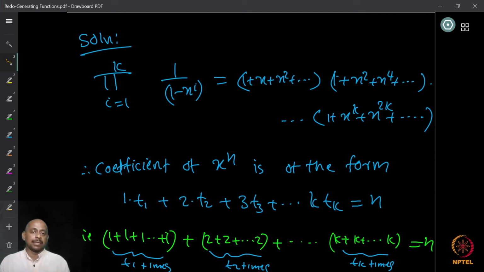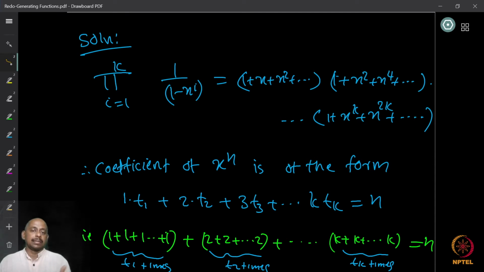From the second, because it is a multiple of 2, it is 2 times t2. Then from the third one it is 3 times t3, etc. From the kth one it is k times tk. But now this whole sum should be equal to n.